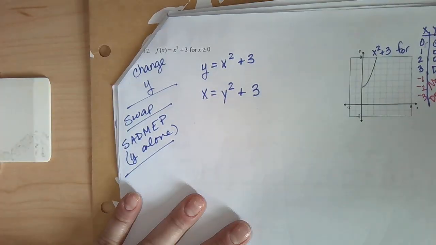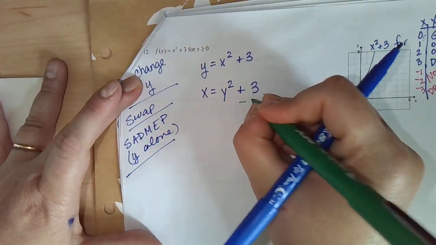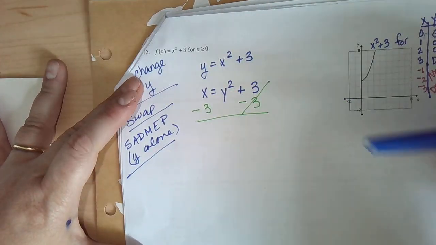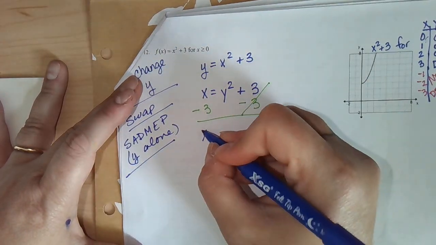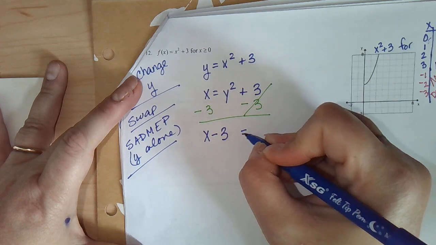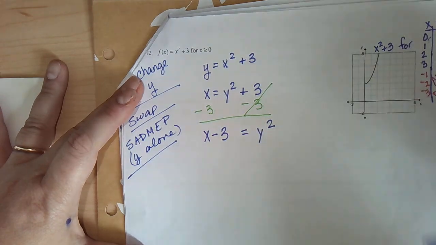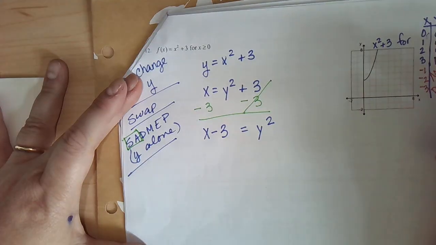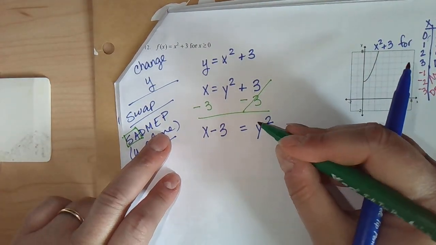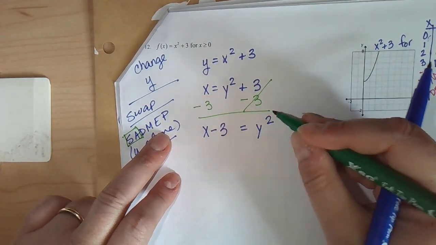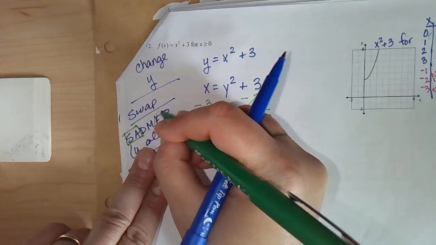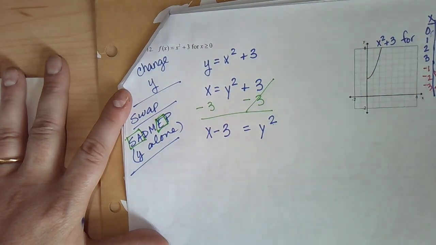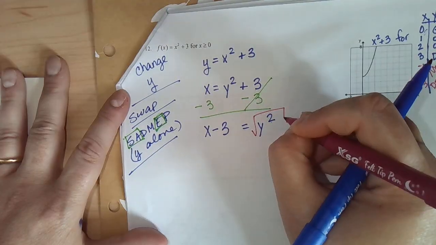Okay, let's see what we can do. We're going to subtract this 3. And when we subtract 3, it doesn't actually do anything. It just gets written down: x minus 3 equals y squared. Okay, so we took care of the SA, subtraction, addition. I don't think I have any division, multiplication, but I do have an exponent. And to get rid of this squared exponent, I'm going to put a house on that wicked witch.